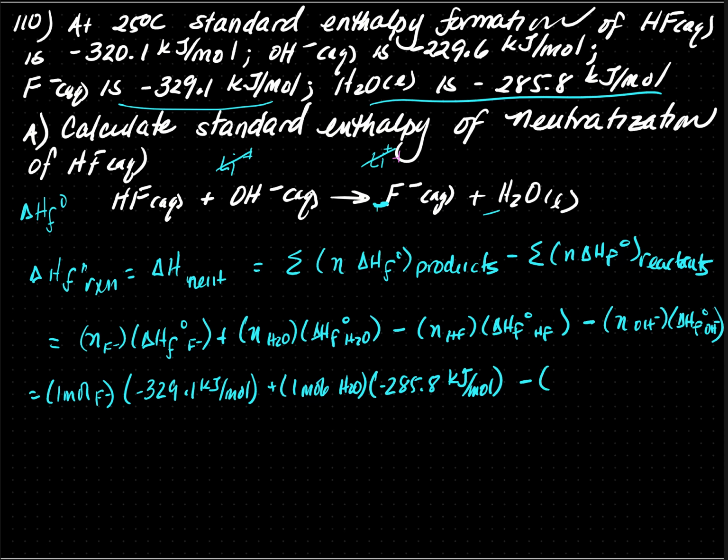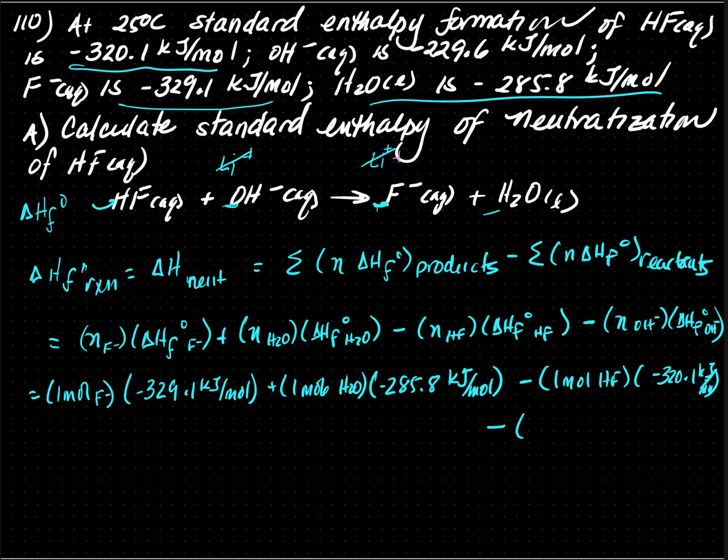Minus the number of moles of HF. It is 1, so it's going to be 1 mole of HF. Enthalpy of formation is given above here as negative 320.1 kilojoules per mole, minus the moles of the hydroxide ion.